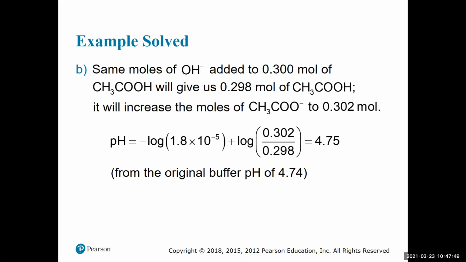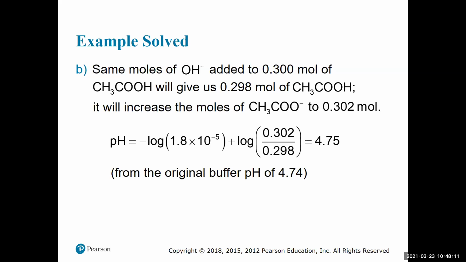I can plug all this stuff into Henderson-Hasselbalch. So I have log of 0.302 divided by 0.298 here on the right-hand side. Left-hand side, it's pKa. Acid dissociation constant is 1 times 10 to the minus 5. The p function tells me I take minus the log of that.